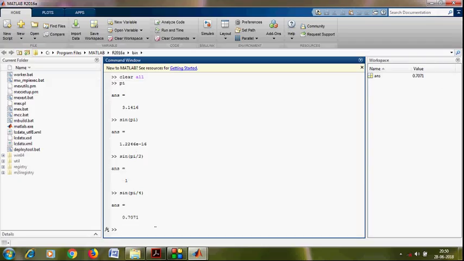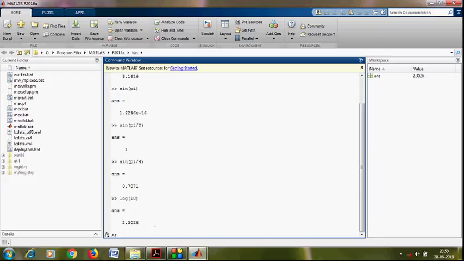Let me check that for you. Log 10 shows you 0, because sorry, it should have been log10. Yeah, now it's correct. Earlier it was natural log, now it is to the base 10.